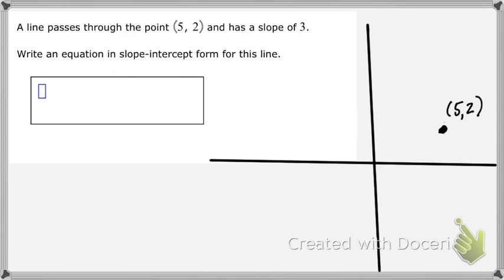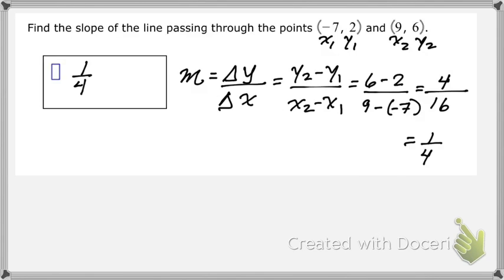Something I didn't say about slope, I kind of jumped right in and said that slope is change in y over change in x. Another thing we say about slope is that it is rise over run, right? So rise is the change in y, run is the change in x.